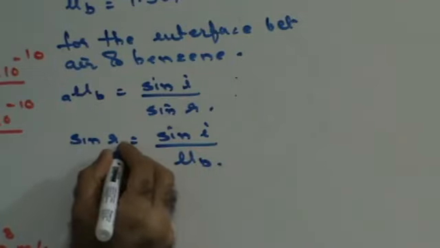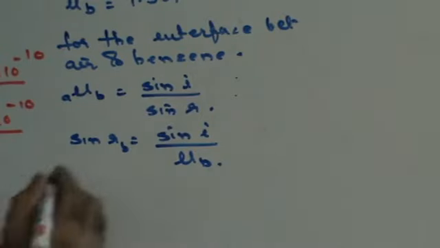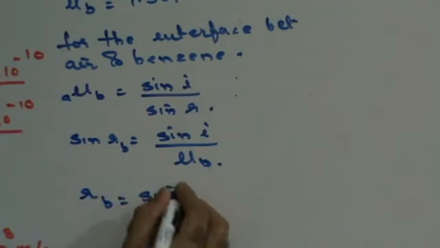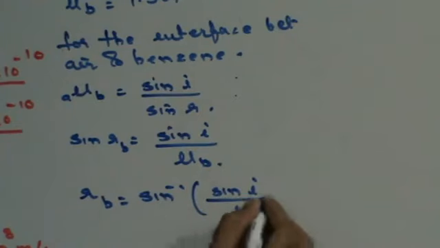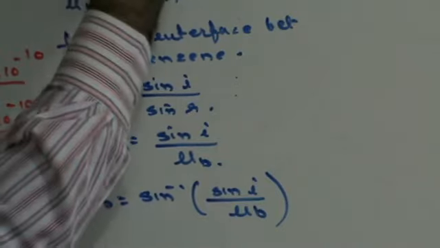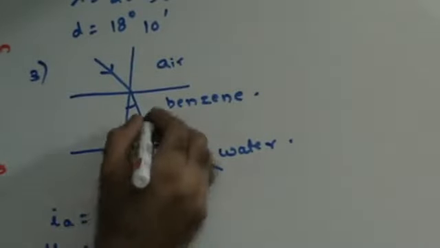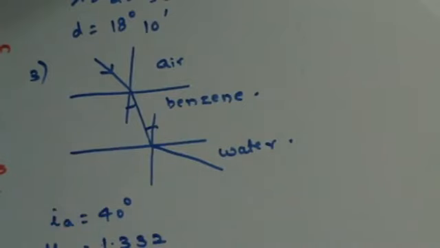So the angle of refraction in benzene is sin inverse of sin I upon refractive index of benzene. Right? Once you have this, whatever is the refractive angle in benzene will be the same as the angle of incidence for the interface between benzene and water, alternate angles.